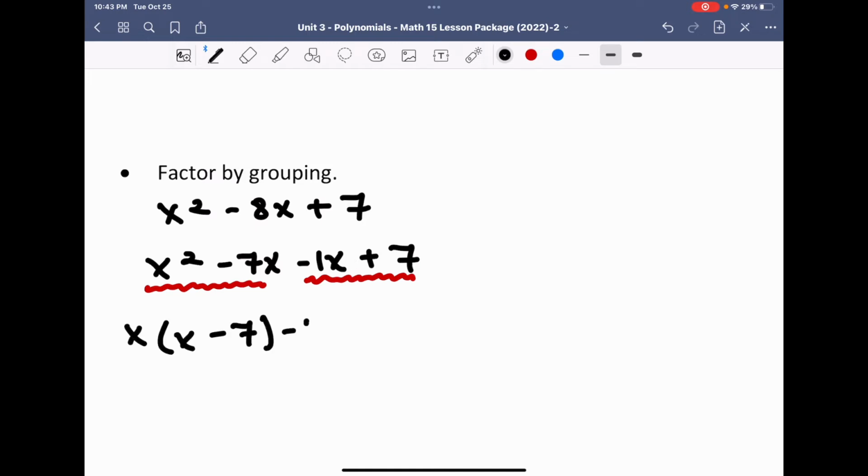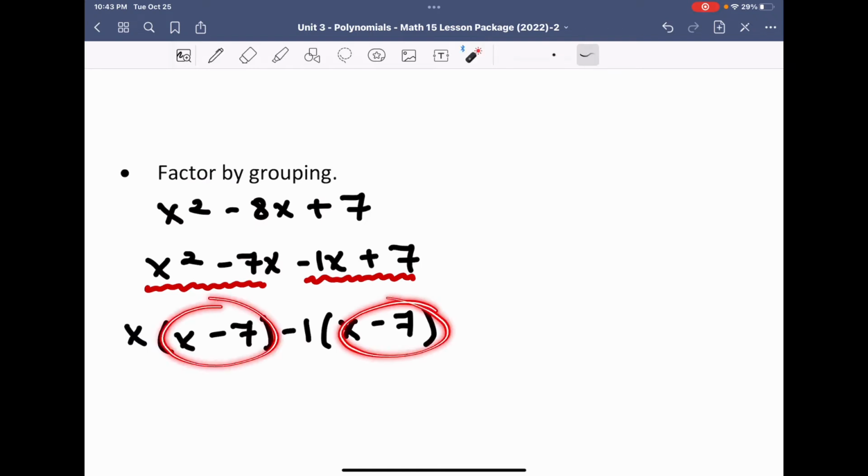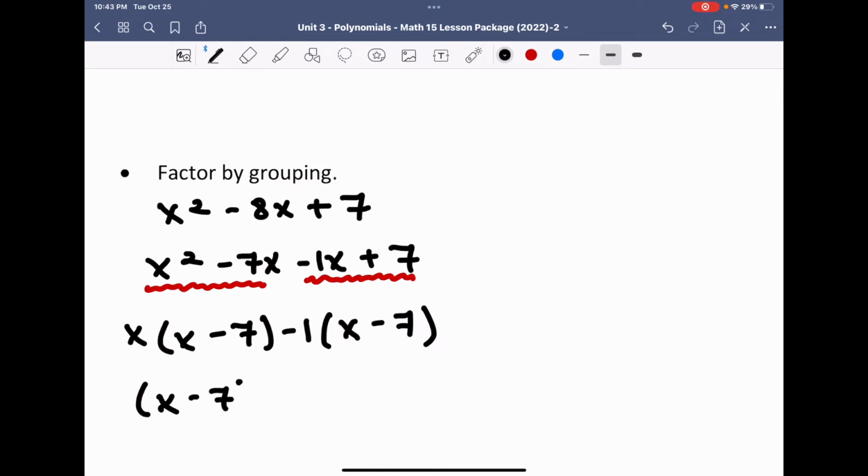I'll take the negative 1 off of that x, which results in x minus 7 on the interior. And then I realize I do have this common term of x minus 7 between the two of these. So x minus 7 goes out front, and now I pair together the two remaining terms of x and negative 1, x minus 1. There are my factors here.